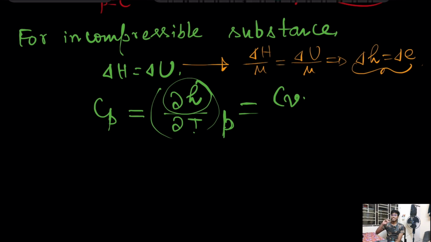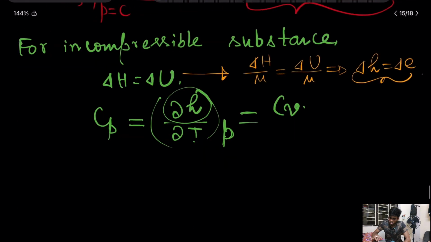So basically this concept of Cp and Cv is practically valid for gases. Theoretically it is valid for solid, liquid and gas, but because solids and liquids are almost incompressible, the concept of Cp and Cv separately is only valid for gases.